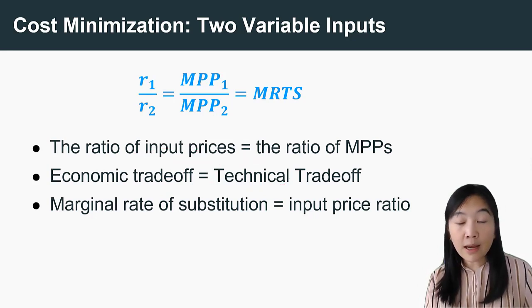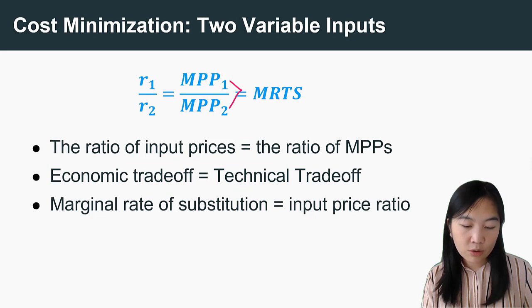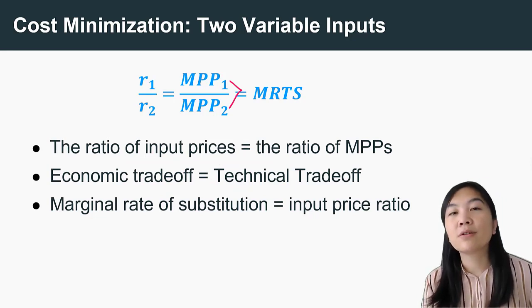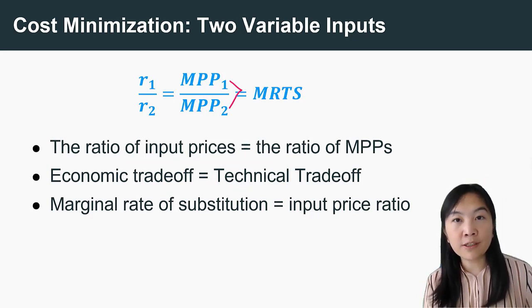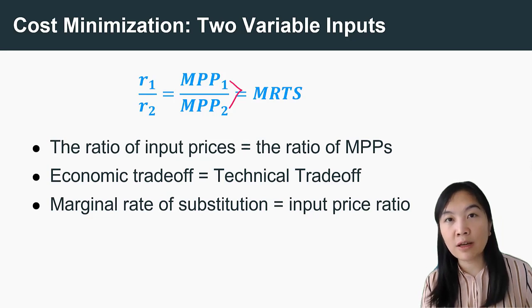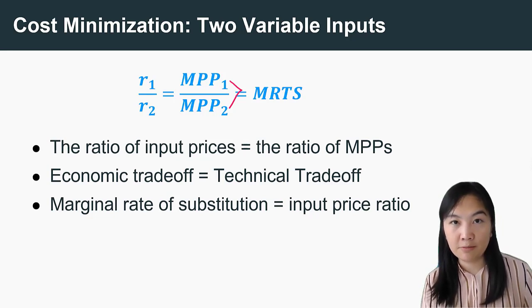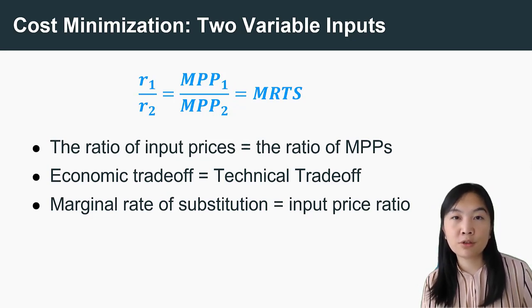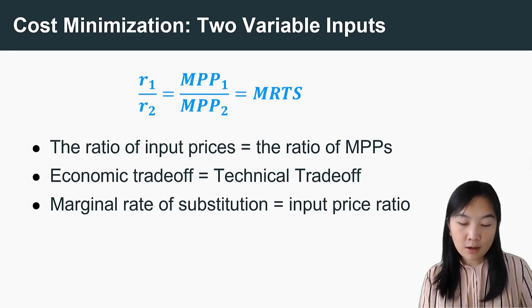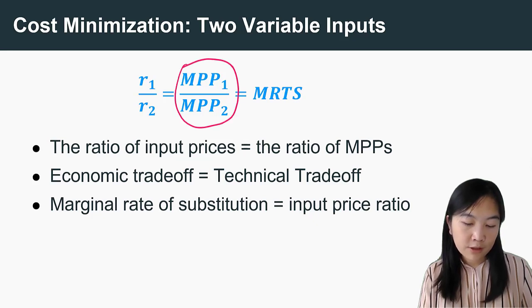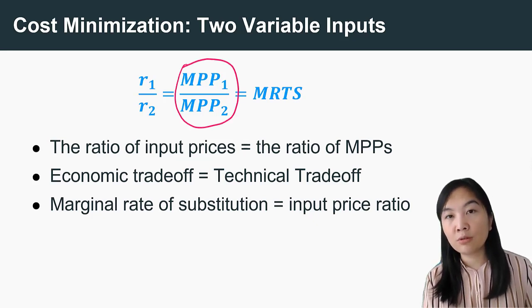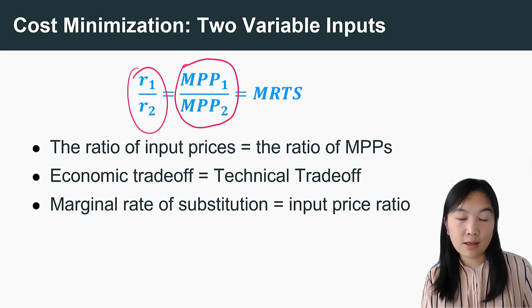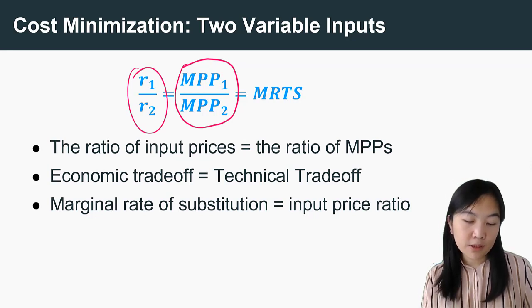So the technical trade-off is between the two MPPs, the marginal physical product of input 1 and the marginal physical product of input 2. So to minimize costs, the producer should choose to produce where the technical trade-off between those two inputs is exactly the same as the input price ratio.